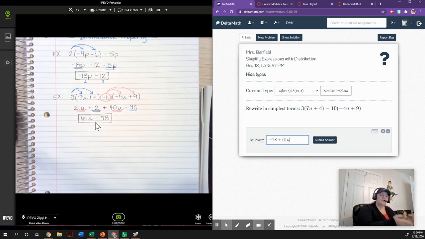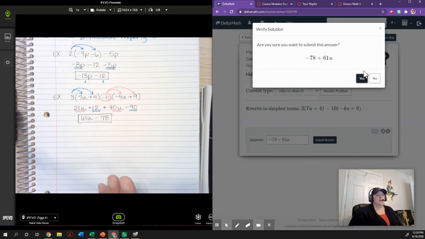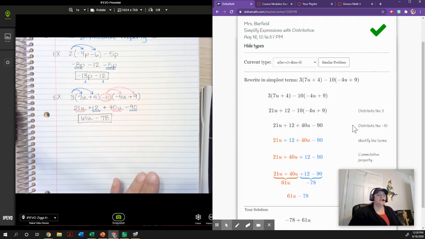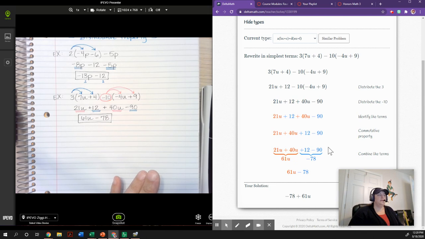We want our variables first in the statement and our numbers at the end. But I need you to understand that if this is what you got and you typed it in, it's going to be counted correct. You just have to make sure you type it in correctly, that you've got that negative 78 as being negative, and you've got plus 61u. Because if you had typed 78 minus 61u because there was a minus sign there, it's not accurate.